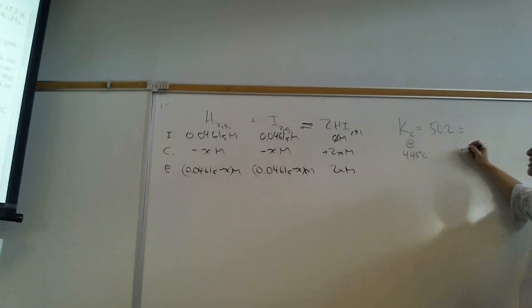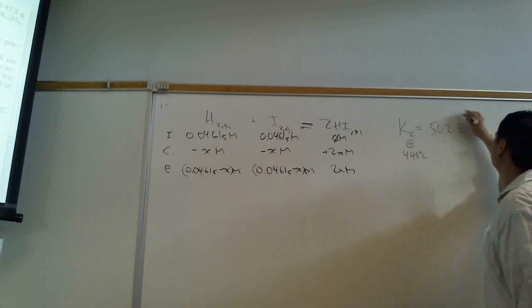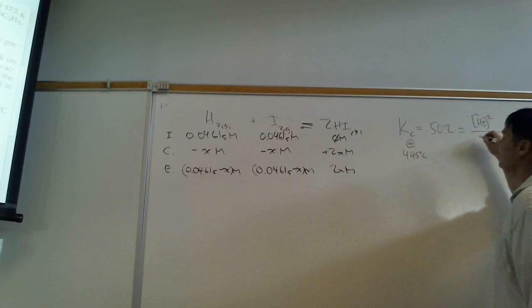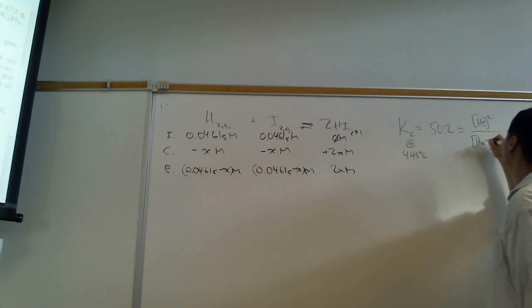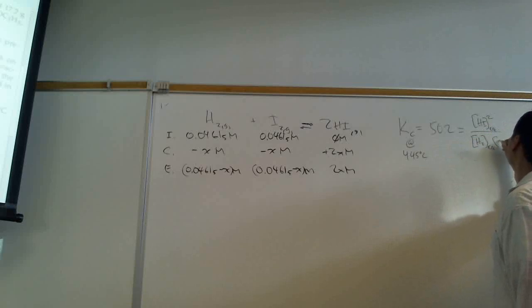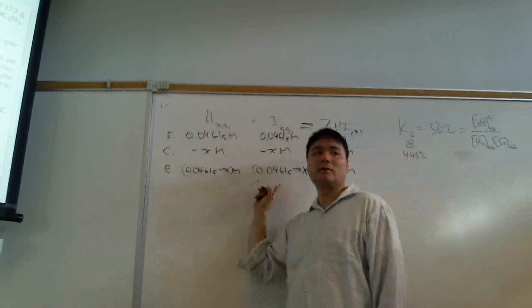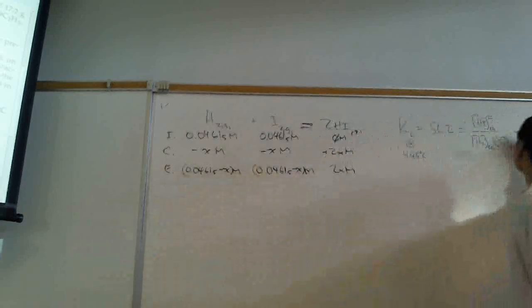What's Kc equal to? Well, Kc is going to equal the equilibrium concentration of HI squared divided by the hydrogen concentration at equilibrium and the iodine concentration at equilibrium. Well, we have those values here. These are the equilibrium concentrations. So we plug this in.